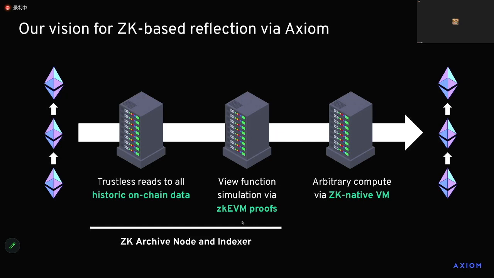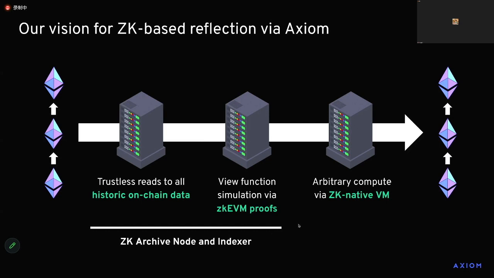So imagine taking a view function from your smart contract and being able to verifiably execute it on any historic state and use the results on-chain. With these first two pieces, that would constitute putting an entire archive node and indexer inside ZK. So you can imagine that any piece of information from Etherscan or The Graph could be used in your smart contract without additional trust assumptions.